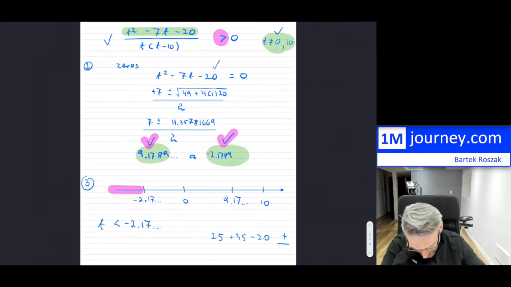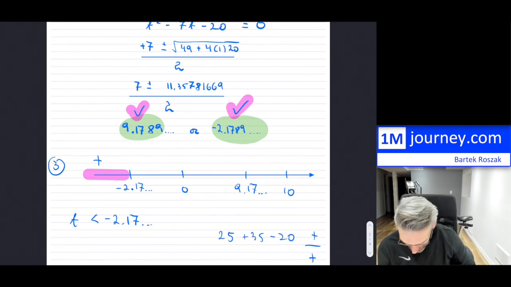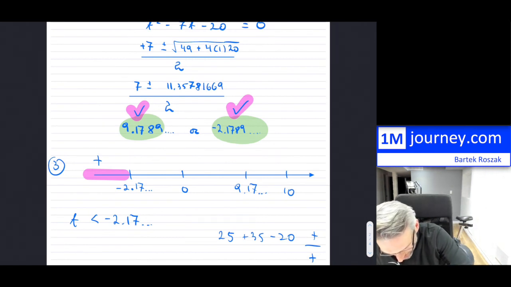The denominator is -5, and then -5 minus 10, so that's also positive. So it's positive on this side. If it's positive, that means it's greater than 0, and that's what we wanted, so it works for that. Now that we have that, I'll take a look at the next interval, which is from here to here.